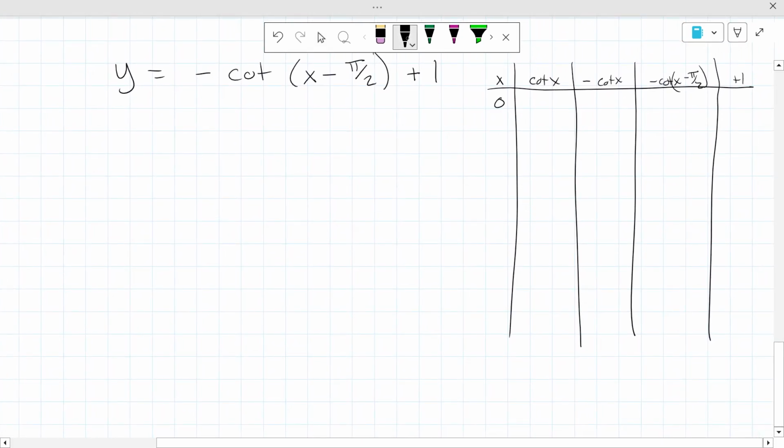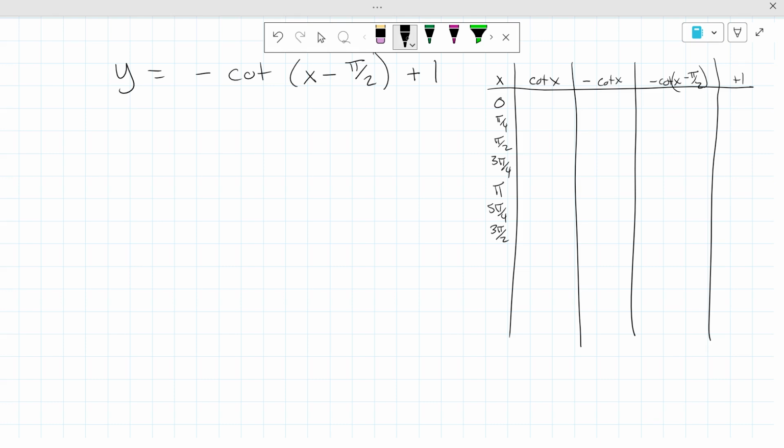So we start at 0, pi over 4, pi over 2, 3 pi over 4, pi, 5 pi over 4, 3 pi over 2, 7 pi over 4, 2 pi.